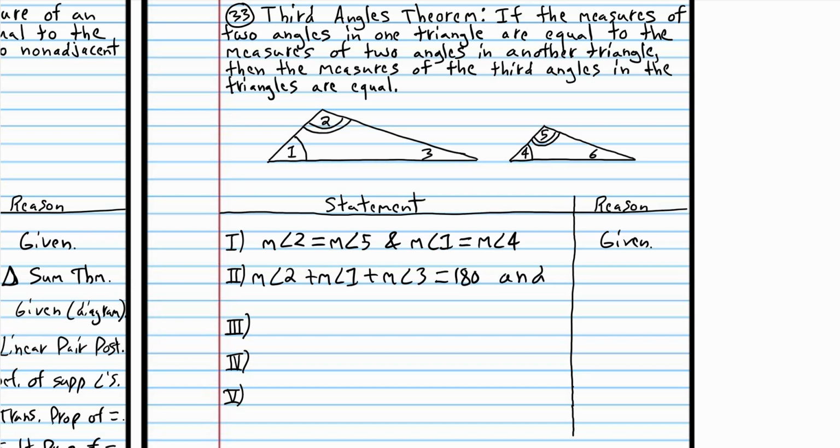And we also know the measure of angle 4 plus the measure of angle 5 plus the measure of angle 6 has to be equal to 180 degrees. So those are both the Triangle Sum Theorem.